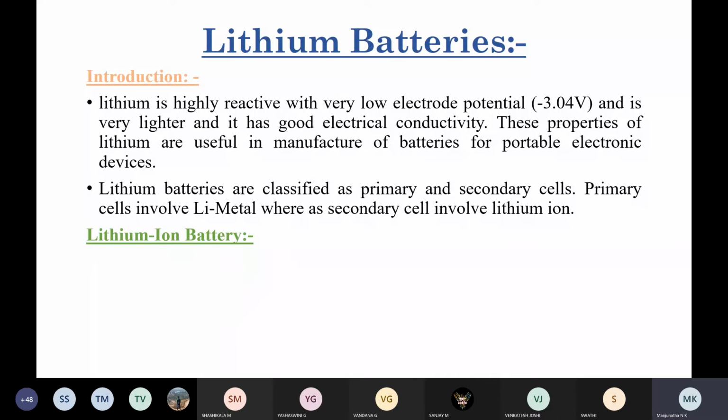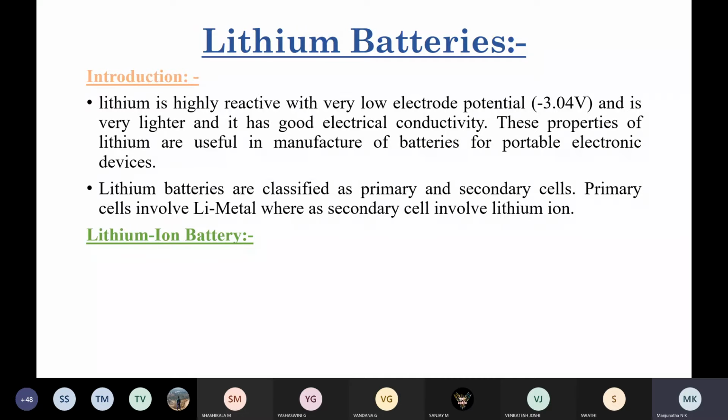But in the case of secondary lithium batteries, instead of pure lithium metal, lithium ion material is used as one of the materials. So these type of batteries are called secondary lithium batteries. In the case of primary lithium batteries, pure lithium metal is used as one of the materials.